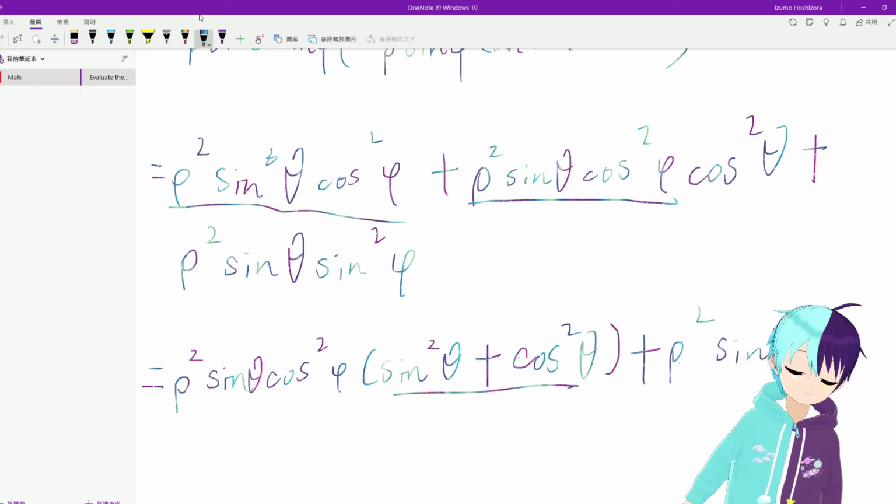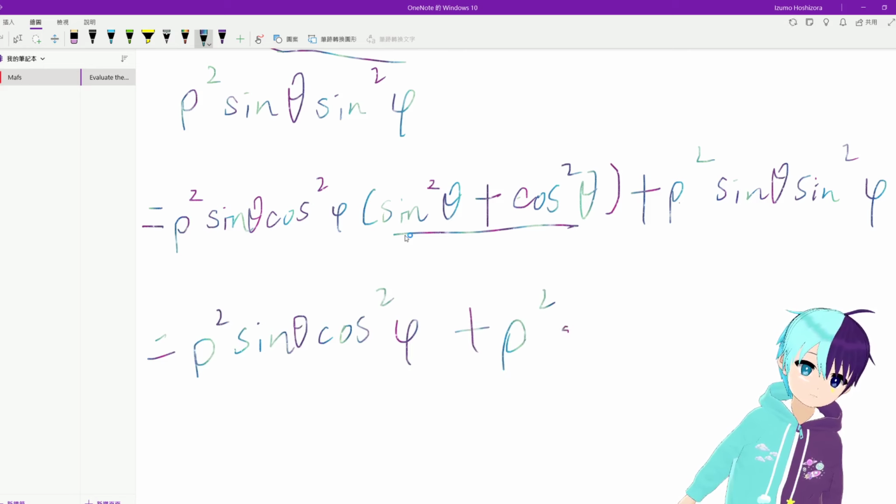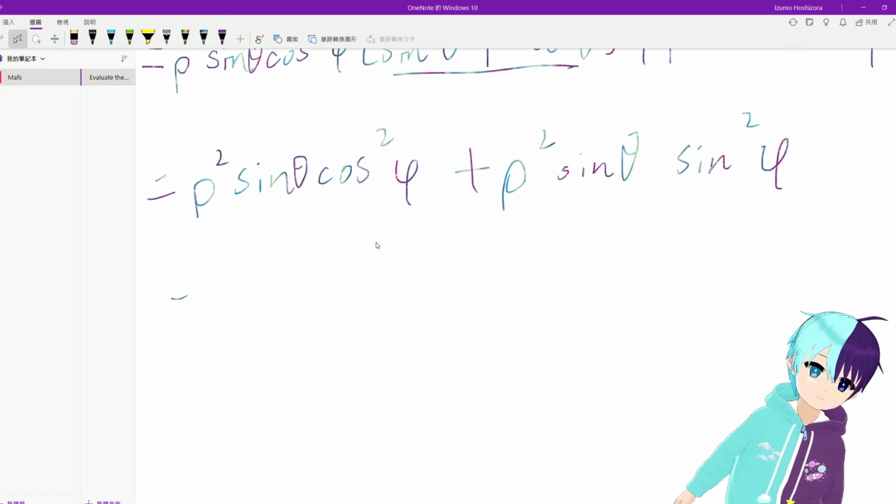And then finally, we have rho squared sine theta cosine squared phi plus rho squared sine theta sine squared phi. So again, we draw out the common factors.